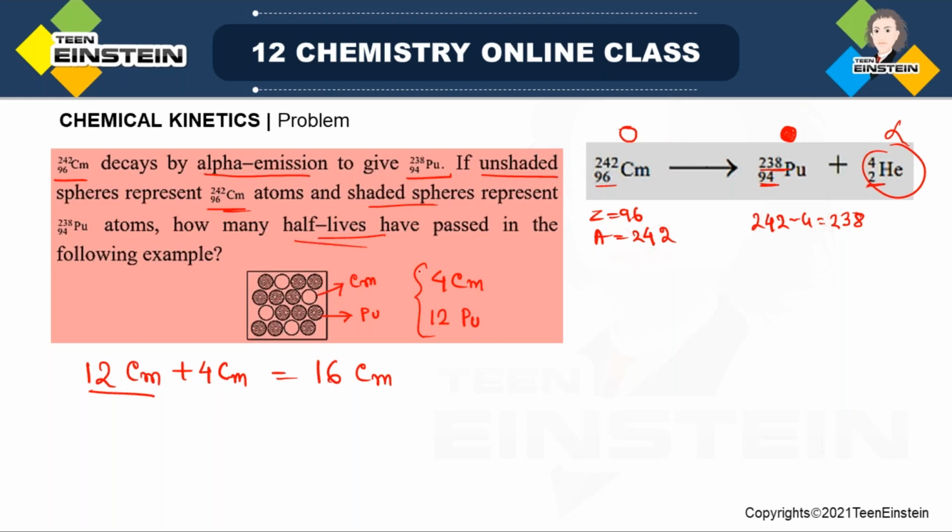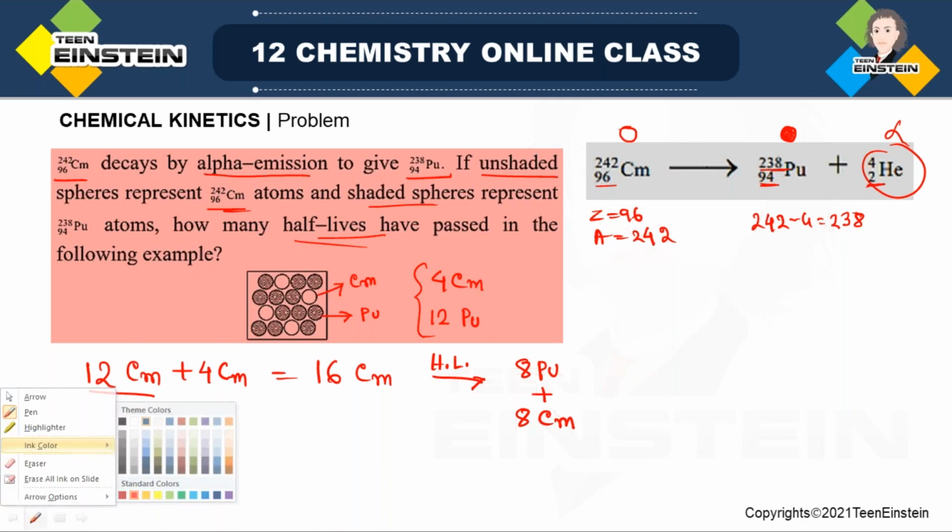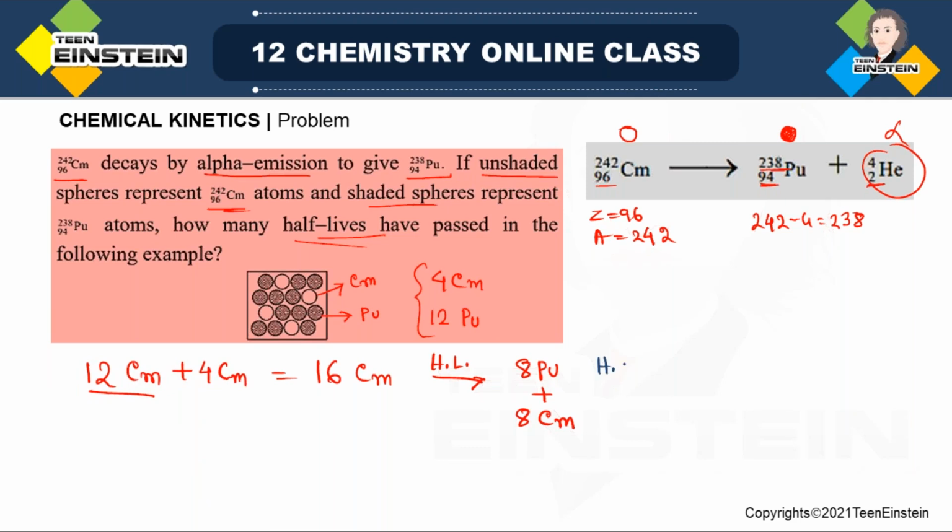Now half-life means what? 50% will be decreased. That means at the first half-life, 50% of Cm will be converted to Pu. Now 50% of 16 is 8. So there will be 8 Pu plus the remaining 8 Cm. Okay. Now the second half-life.